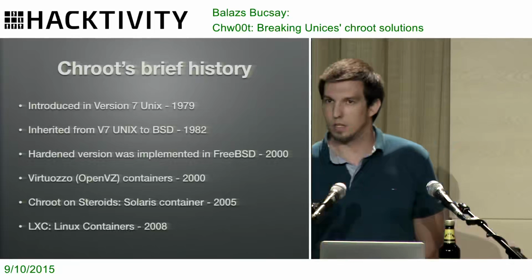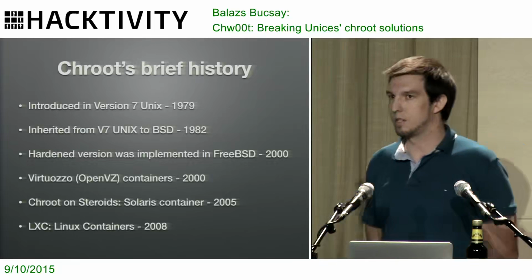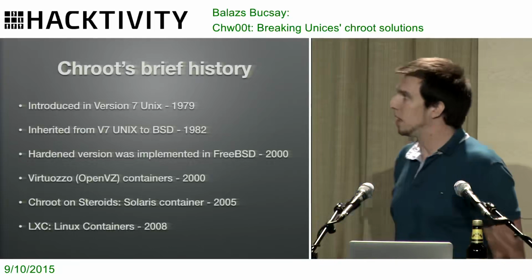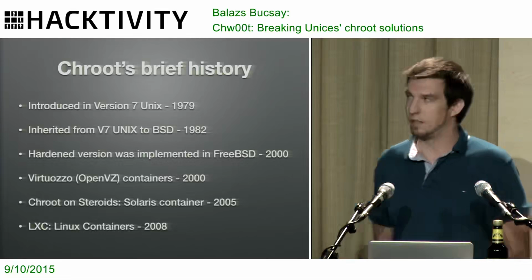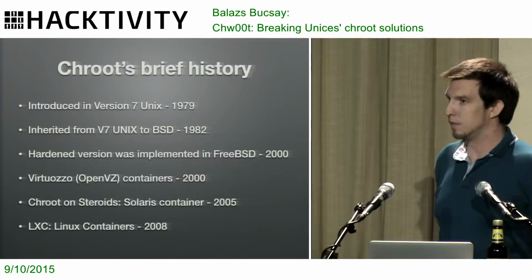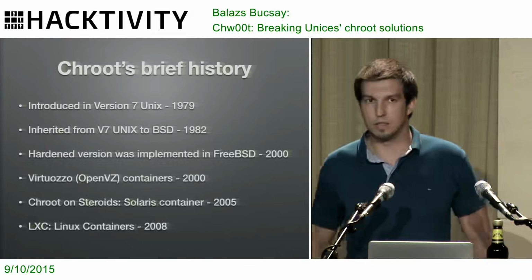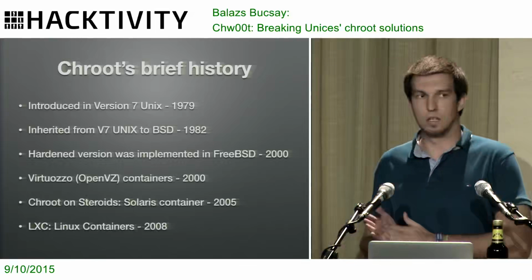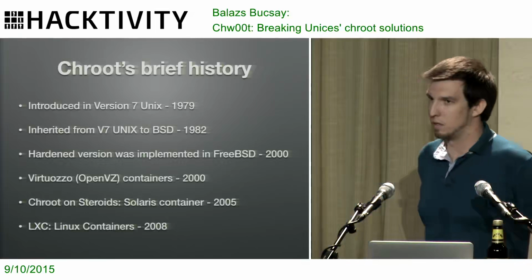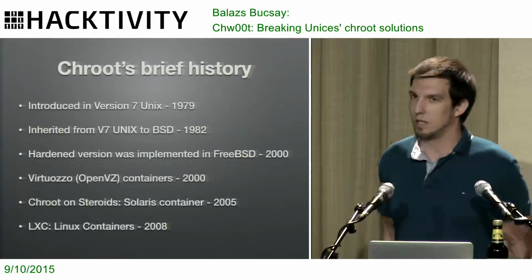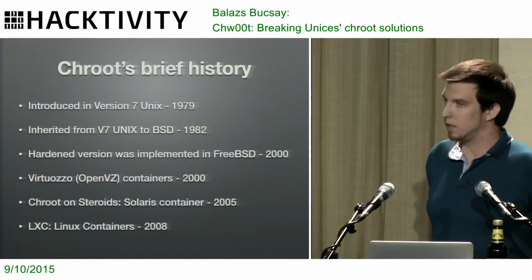So a little bit of history about chroot. First, it was implemented in version 7 Unix in 1979. Then later, it got inherited into BSD. And in 2000, FreeBSD implemented a hardened version of this chroot. It is called Jail. In the same year, Virtuozzo, previously called OpenVZ, implemented the Virtuozzo containers.